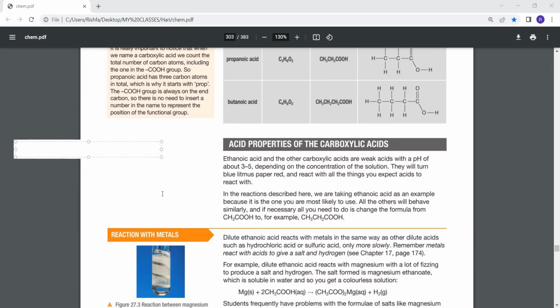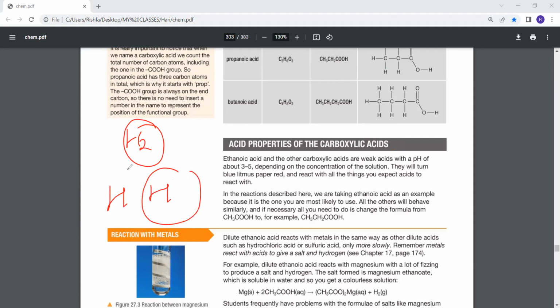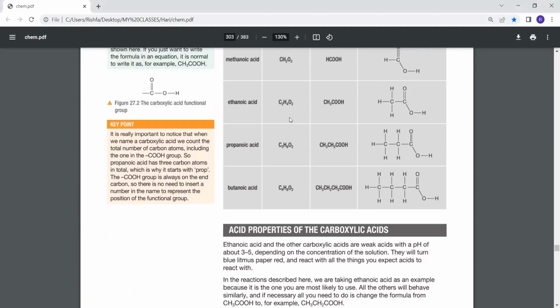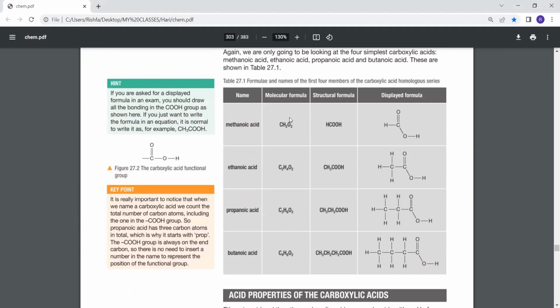If it just holds on to the hydrogen, like hydrogen gas, it's not an acid. Understood? So acids are the substances which release H plus ions in an aqueous medium. Alkalis are substances which release hydroxide ions in an aqueous medium.